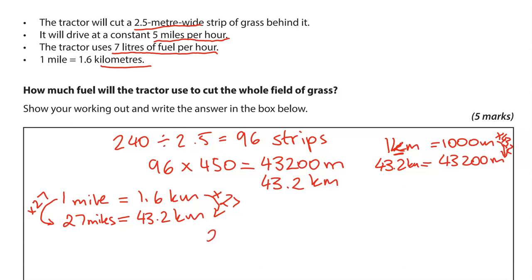So if I do 27 divided by 5 should give me the number of hours, which is 5.4. So 5.4 now. If we multiply by 7 liters, that gives us 37.8 liters.